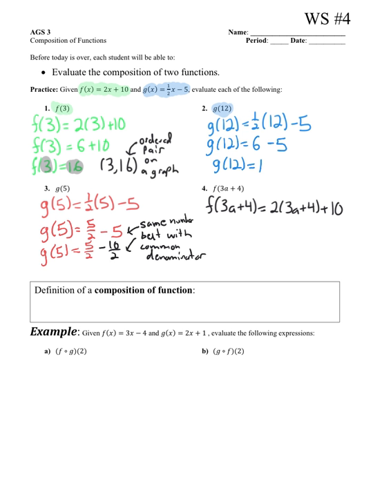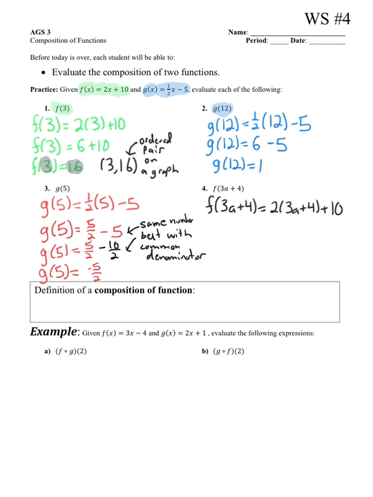Because I can't do 5 halves minus 5, but I can rewrite 5 minus as 10 halves. 10 divided by 2 is 5. And now I can simplify this problem. 5 minus 10 is negative 5, so this becomes negative 5 halves. That'd be g of 5. That's how I would simplify this algebraically.